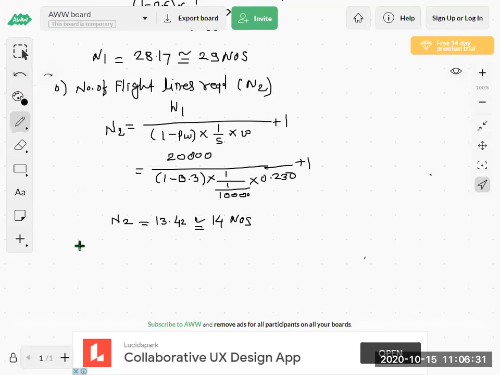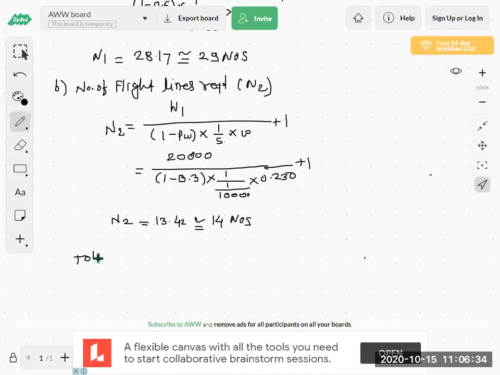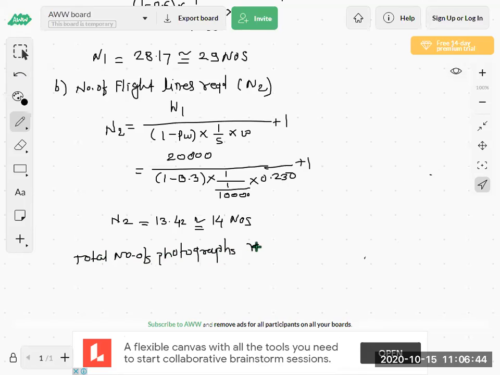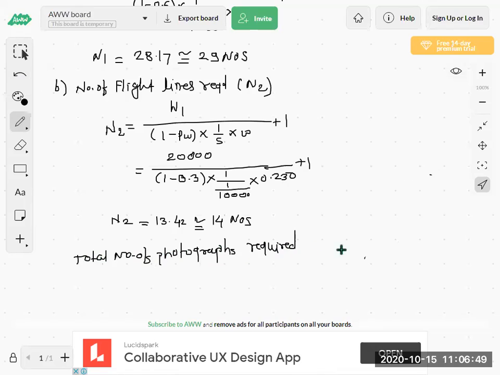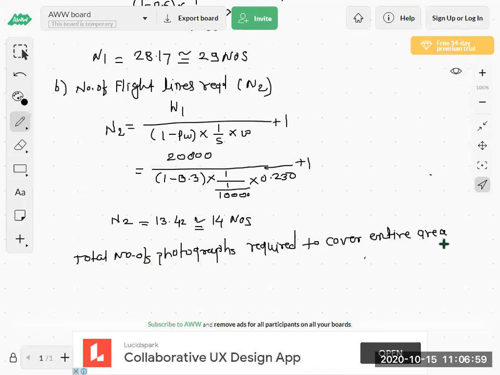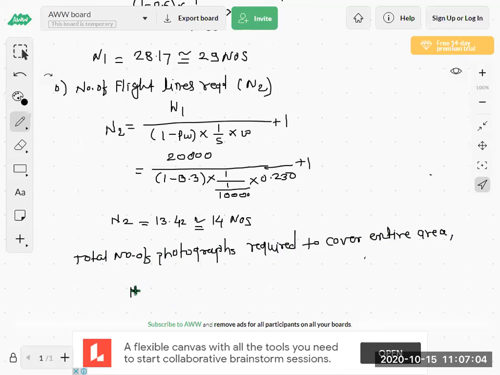Now write down: total number of photographs required to cover entire area is, now here capital N. So capital N is equal to N1 into N2.